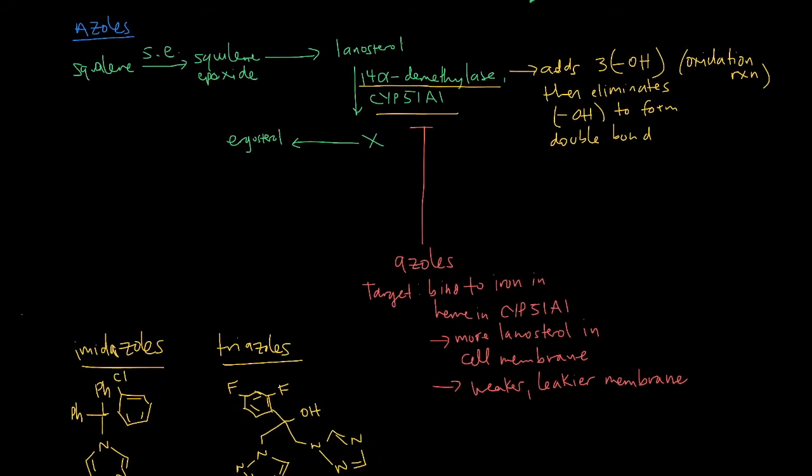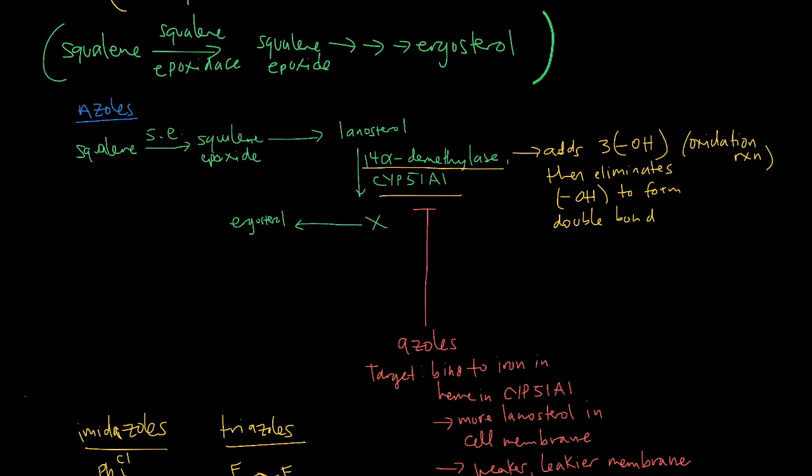Alright, so our next class of drugs are azoles, which include ketoconazole, voriconazole. So the basic biosynthetic reaction of ergosterol, like I said earlier: squalene is converted to squalene epoxide by squalene epoxidase. And squalene epoxide is converted to lanosterol.